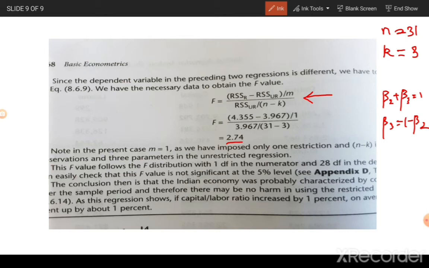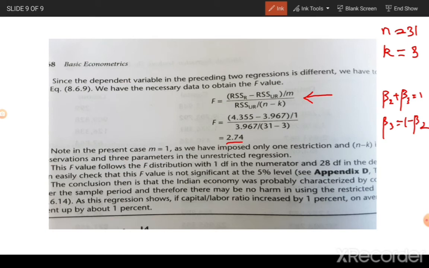Now, using the F tables at the back of any statistical and logarithmic book, you can check for the F value at say 5% level of significance, degrees of freedom 1, 28.